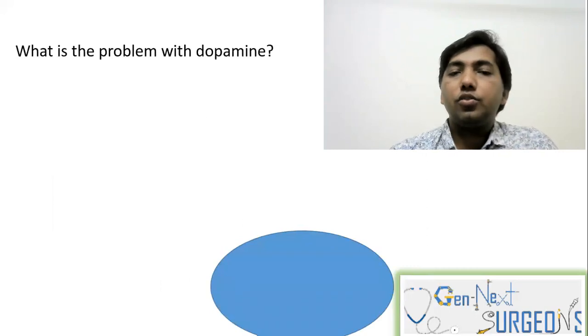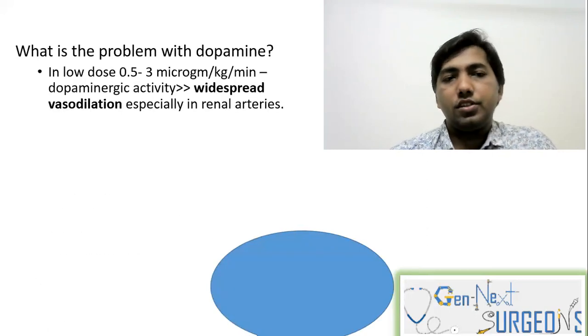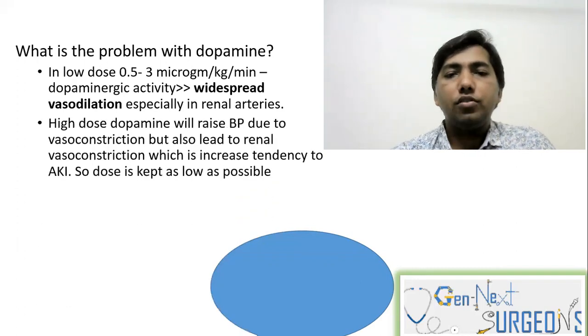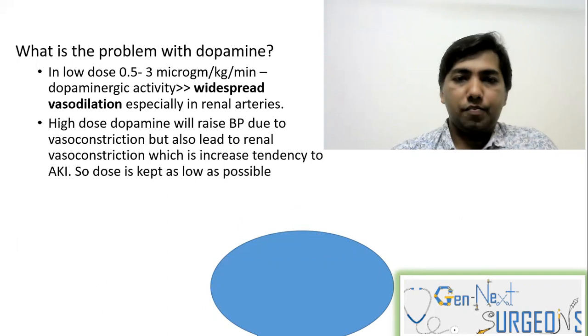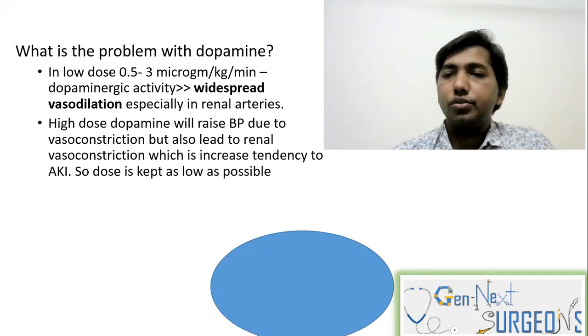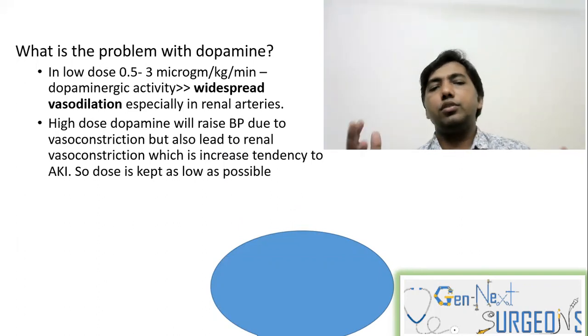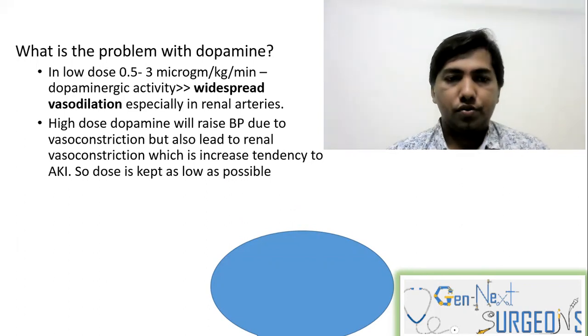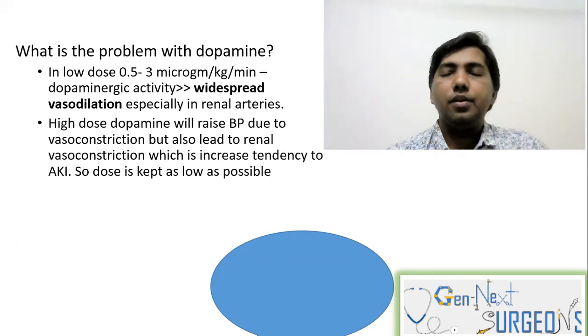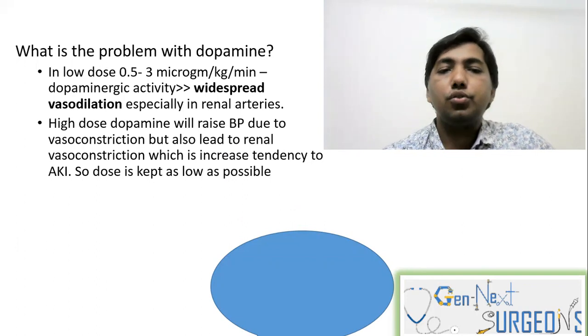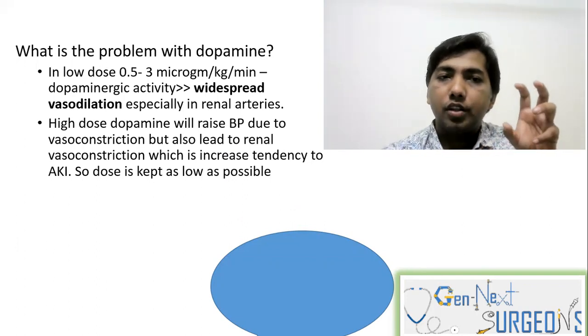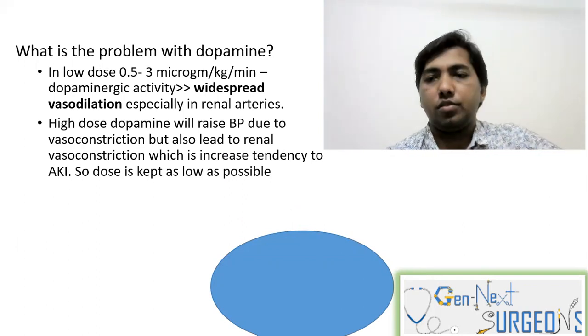In case of dopamine in low dose, that is very good for widespread vasodilation. But in high doses, that will raise the blood pressure due to vasoconstriction. But as I have stated previously, it also leads to renal vasoconstriction. So that patient is more prone to develop acute kidney injury.